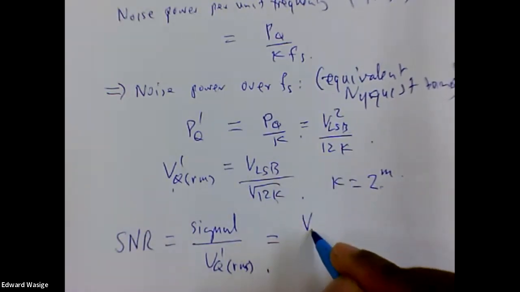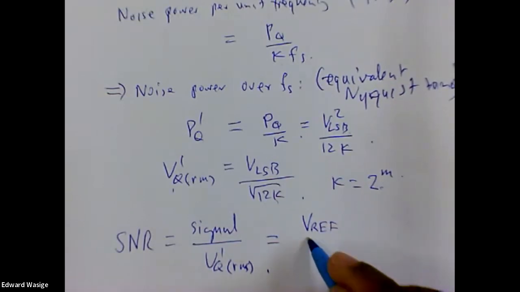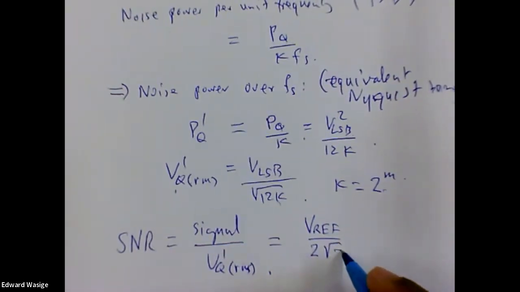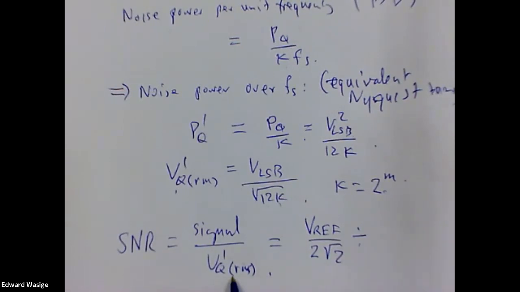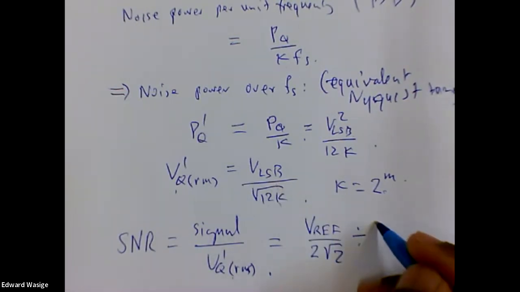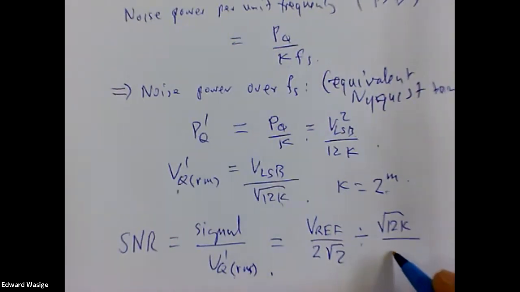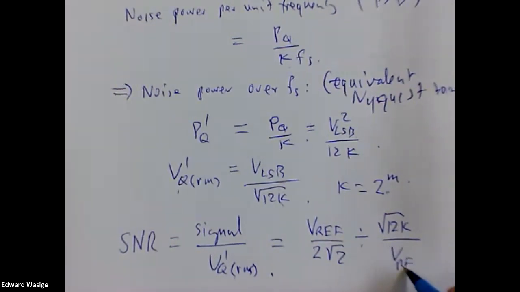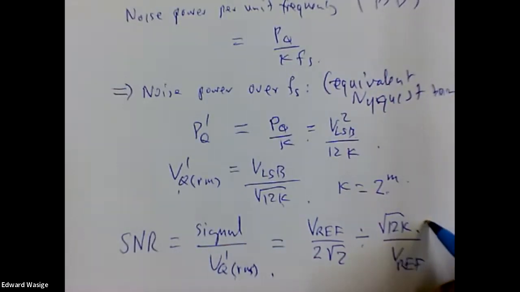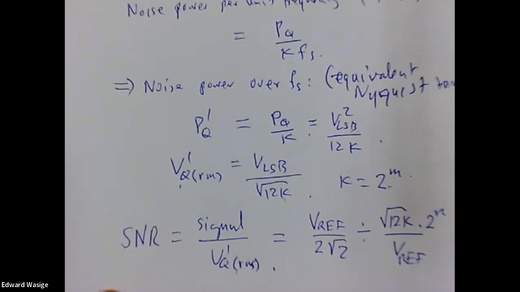The signal, we know, is Vref divided by 2 root 2, and this will be divided by that, which is root 12K over VLSB. VLSB is Vref divided by 2 to the power n, so I can write 2 to the power n there.